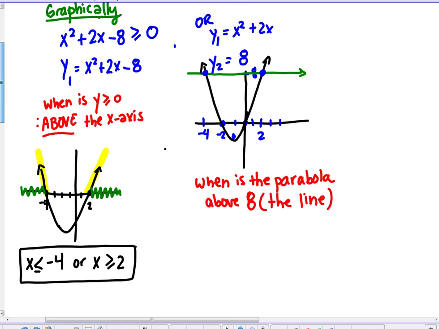And so again, it's still when x is less than, so it's this portion here, less than negative 4, greater than 2. I don't like graphical. I think it's more of a pain than not. Okay, x is less than or equal to negative 4, or x is greater than or equal to 2.